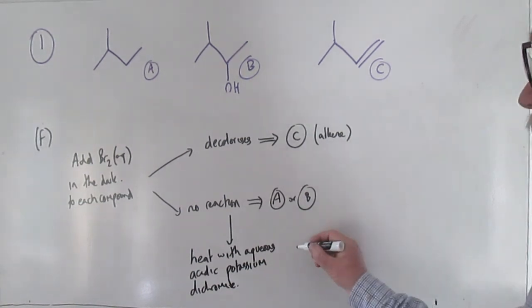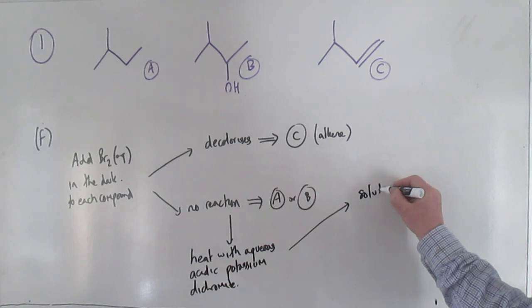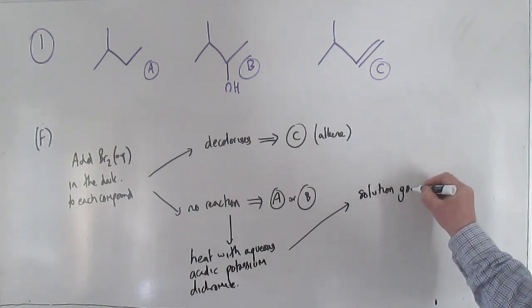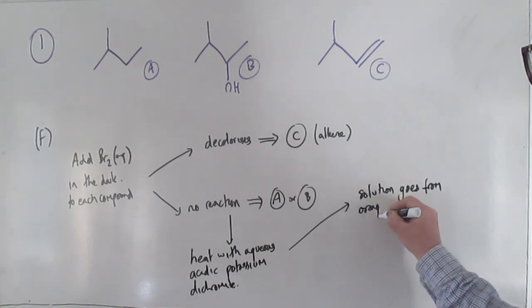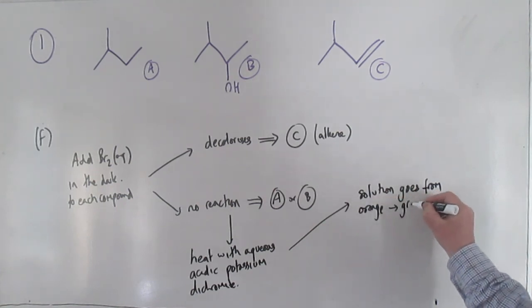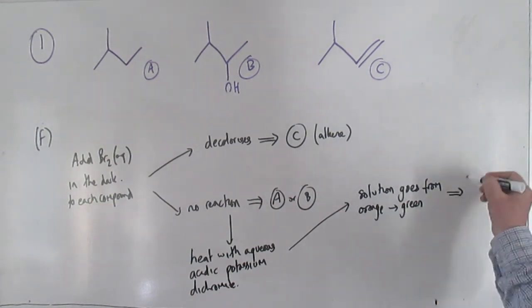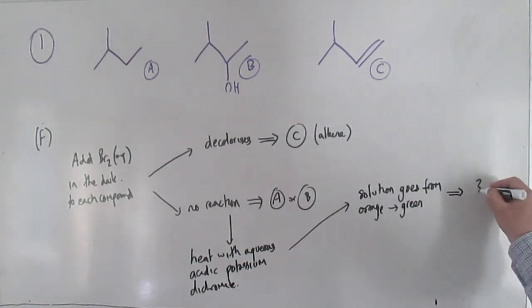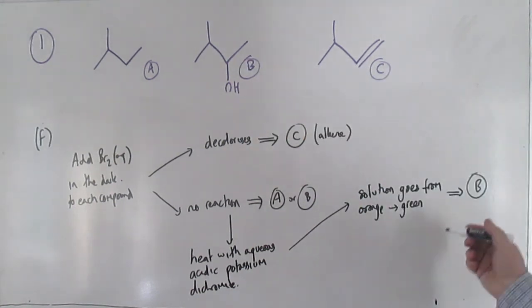So two possible outcomes. If the solution goes from orange to green, that means that you had compound B, because B is a secondary alcohol, so it can be oxidized to a ketone.